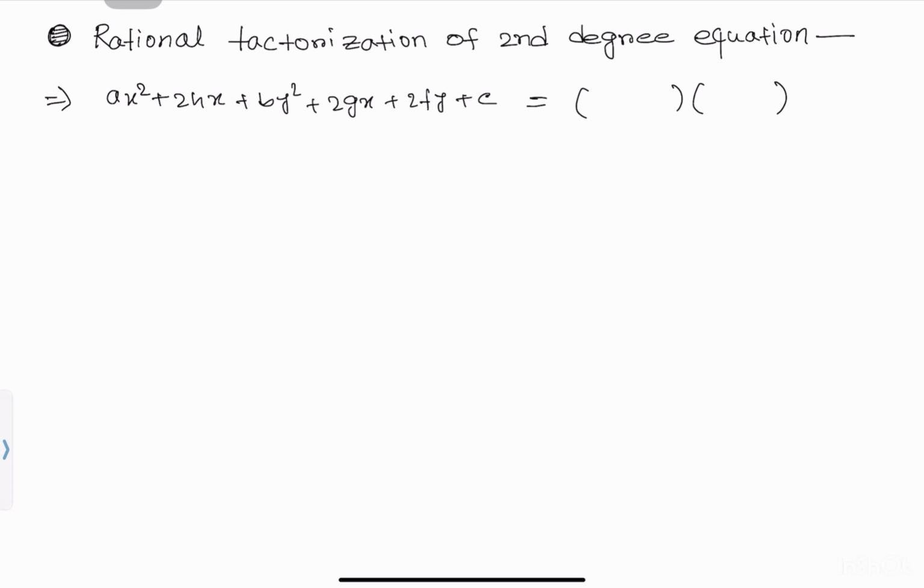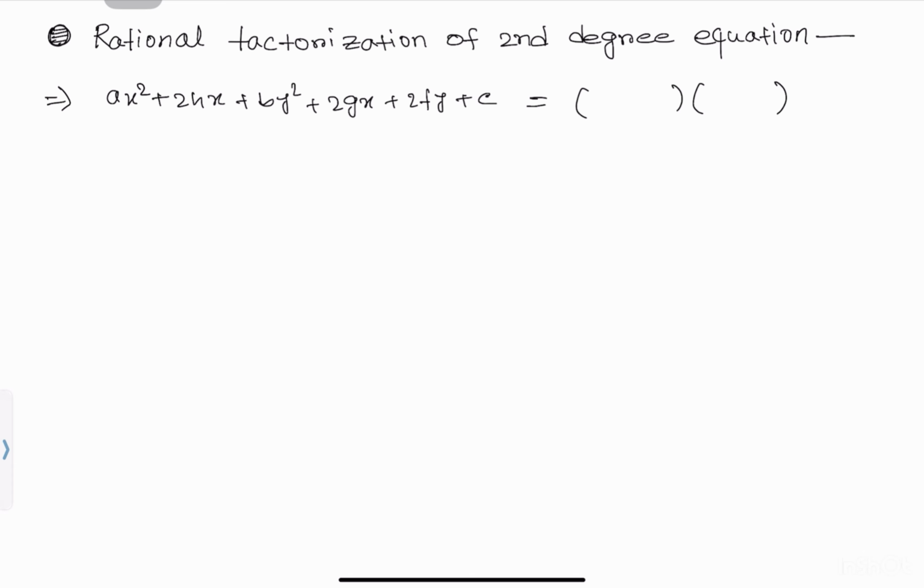Rational coefficient is also important. So our main goal is to make this quadratic expression into a multiplication of two linear expressions. The answer should be yes or no, and if yes, what should be our condition?